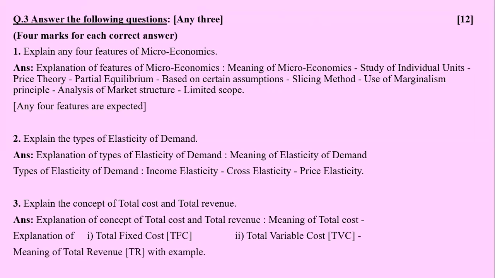And then meaning of total revenue, means TR, with example. You know that total cost is the sum of total fixed cost and total variable cost at various levels of output. So, you have to explain the meaning of total fixed cost and total variable cost, and then explain what you mean by total revenue with example.